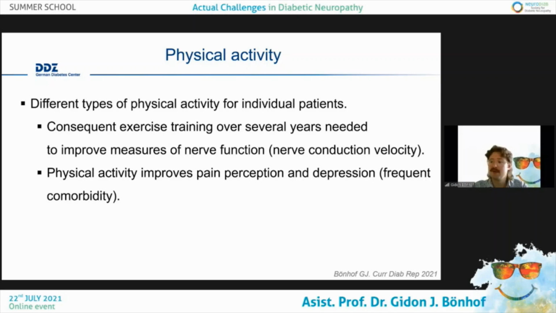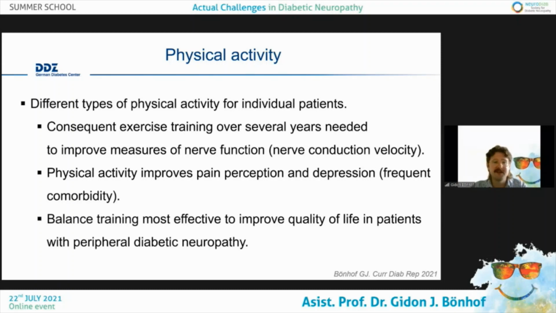If you start early with physical activity, you have a lower risk to become a chronic pain patient. I know how difficult it is to instruct your patients to do more physical activity, but maybe this presentation gives you a bit of information to provide to patients.